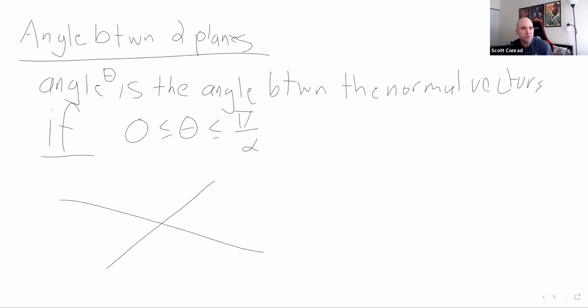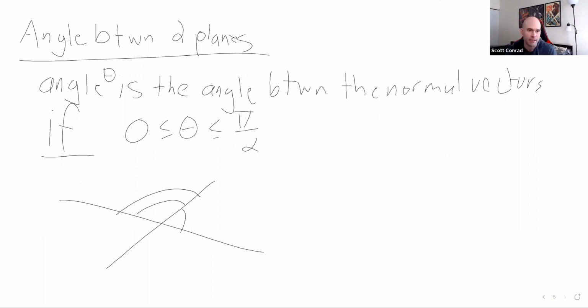So if you want to talk about the angle between the two lines, there are actually two options you could pick, right? We could pick this one, or we could pick this bigger angle, right? One of the two is always going to lie between 0 and pi over 2. And the other is always going to be between pi over 2 and pi, right?